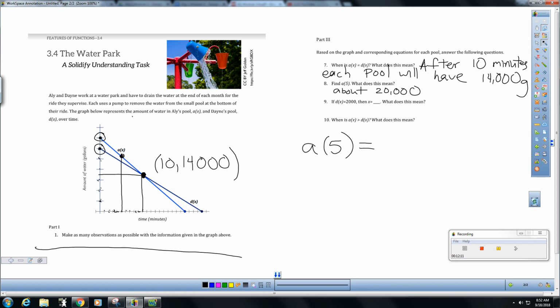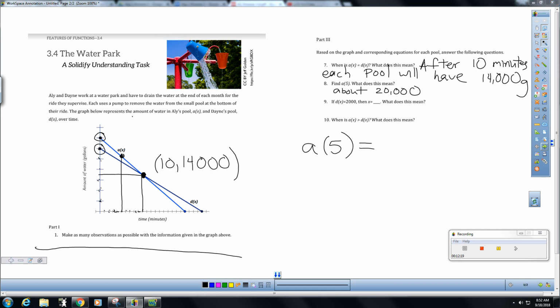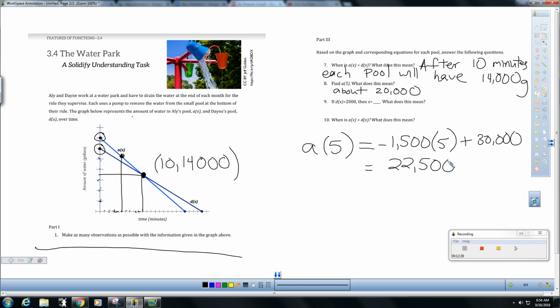So A of 5 will be negative 1,500 times 5 plus 30,000. And it's actually going to be 22,500 gallons. So our estimate was pretty significantly off.